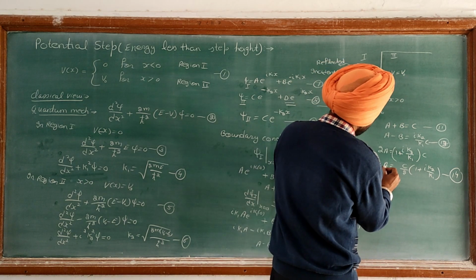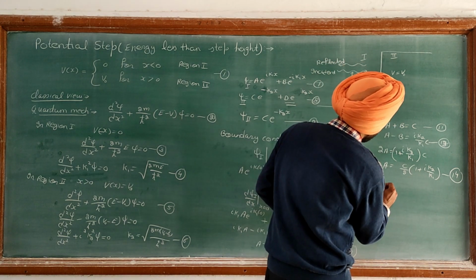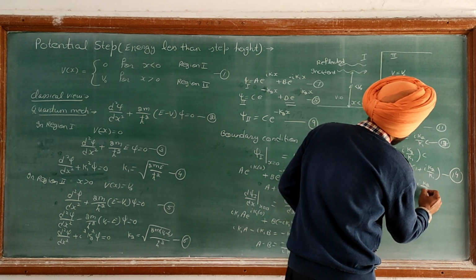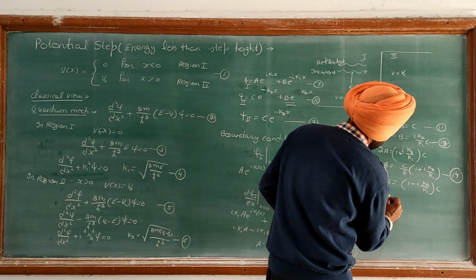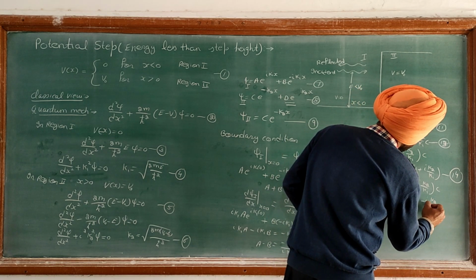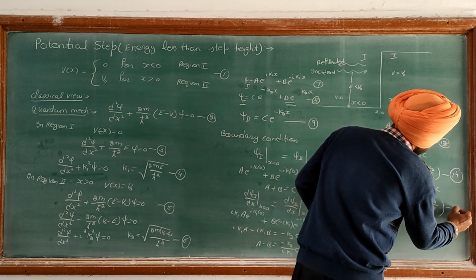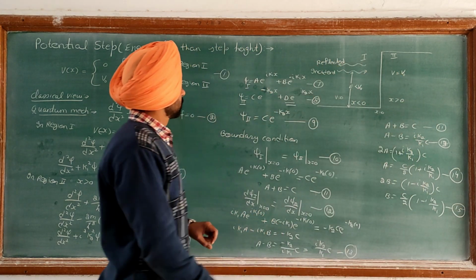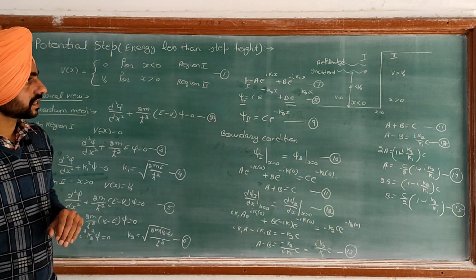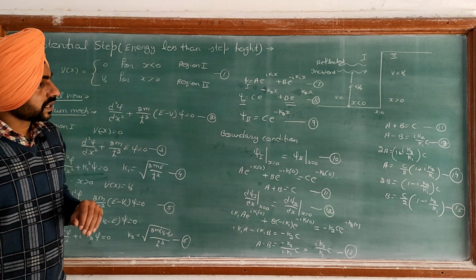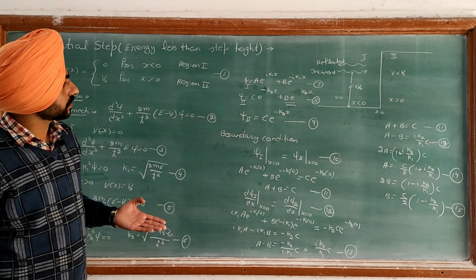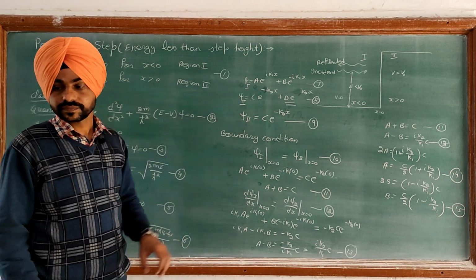And if we subtract these two equations, we have 2B is equal to 1 minus iota k2 upon k1 into C, where C is common, so B is equal to C upon 2 into 1 minus iota k2 upon k1. This is equation number 15. So finally we have determined A and B in terms of C. With the help of equations 14 and 15, we can rewrite equations 7 and 9.